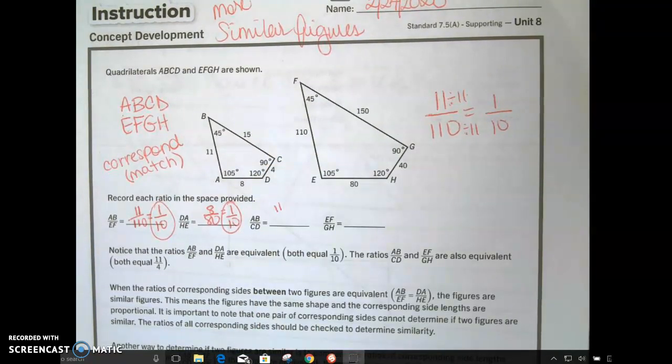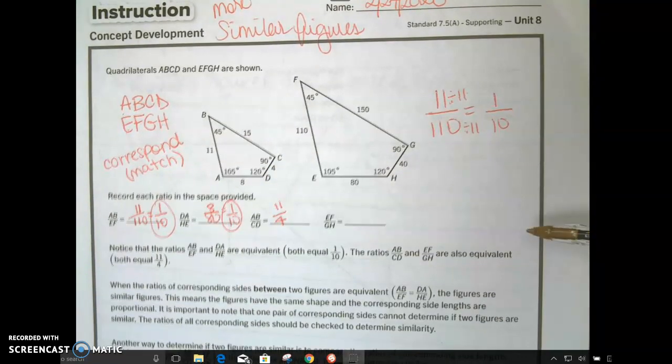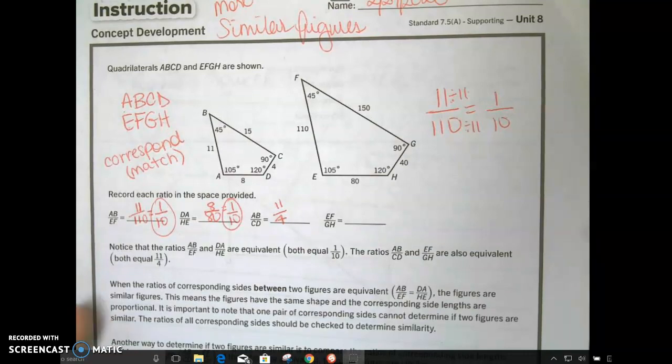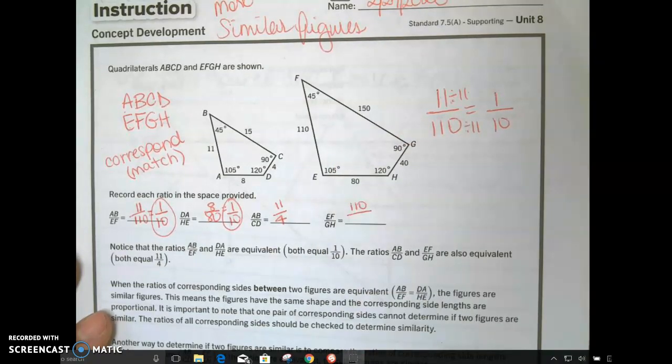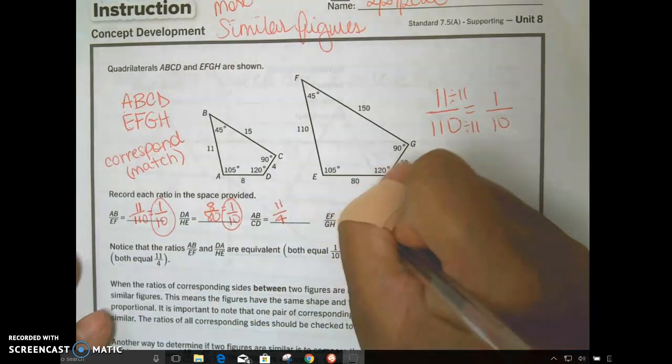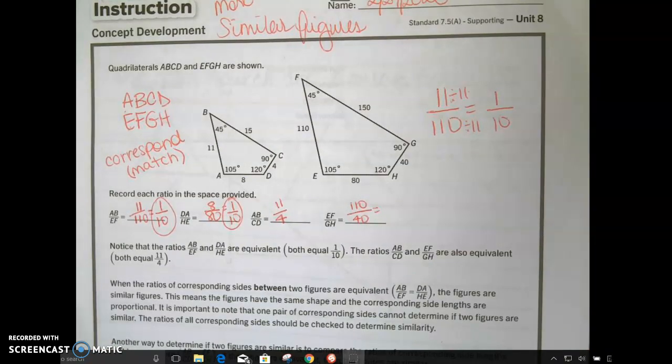How long is that? 4. EF. How long is that? 110. To GH. 40. What do these reduce to? 1 to 10 and 11 to 4.